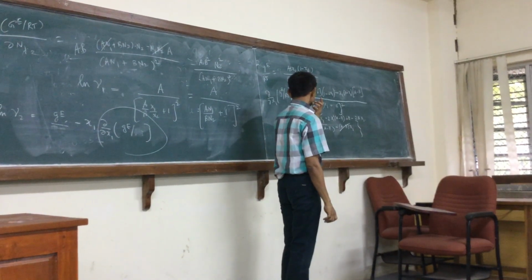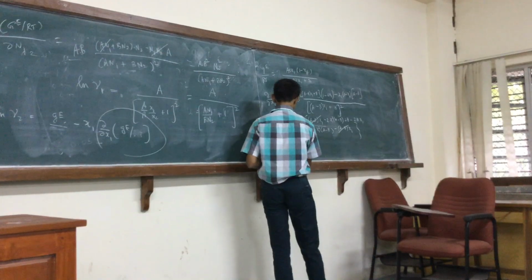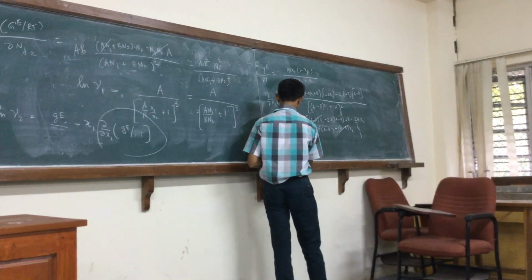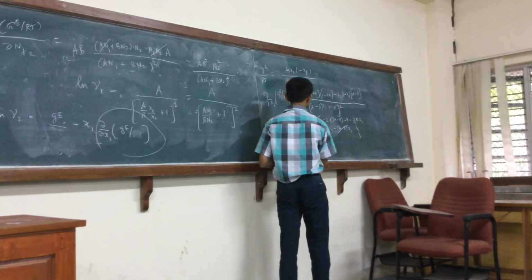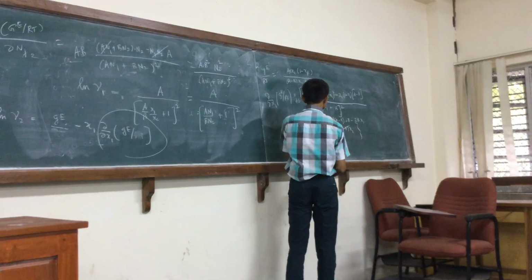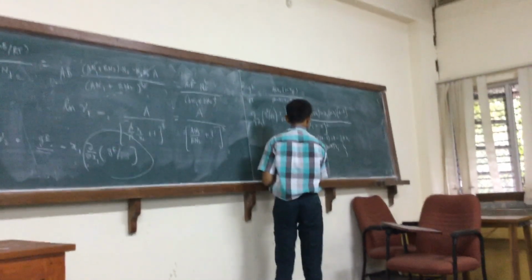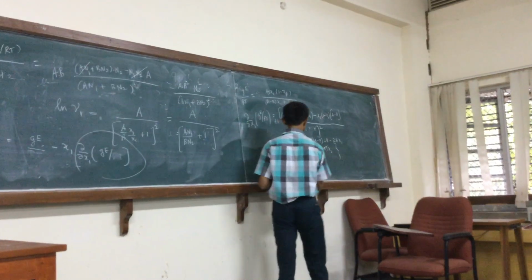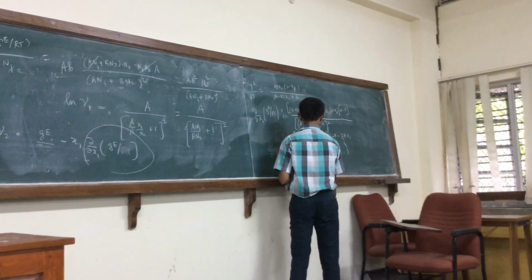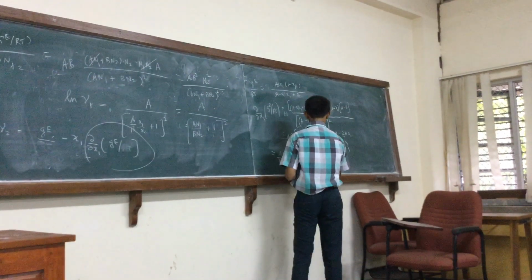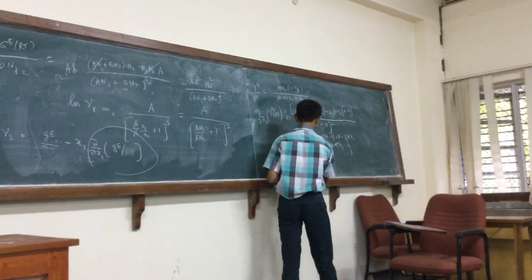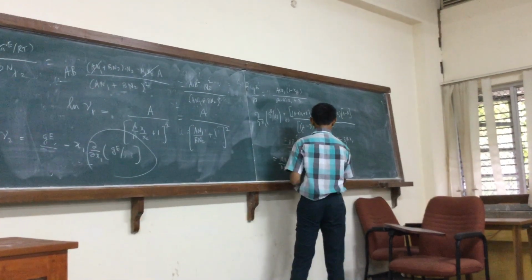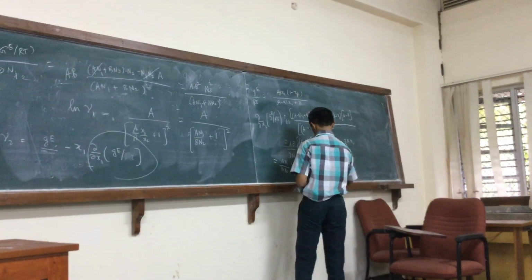Right? And so what I have is ab by the denominator times x1 square plus x1 square. This will be minus x1 square times a minus b.